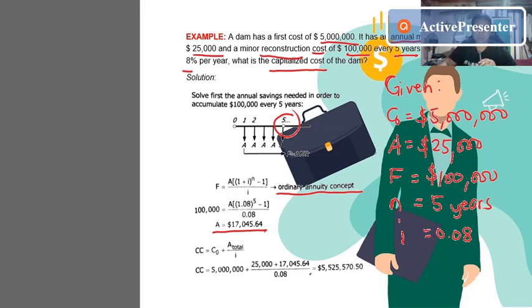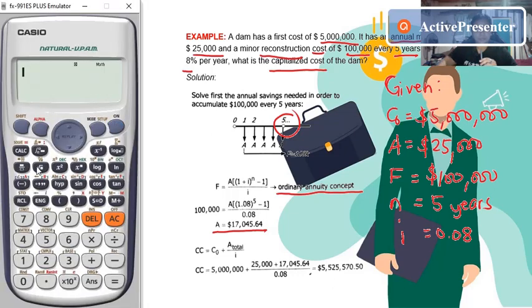So solving for the capitalized cost, we have 5 million plus A total, where the total annual maintenance is 25,000 plus 17,045.64 dollars, divided by our interest of 0.08.